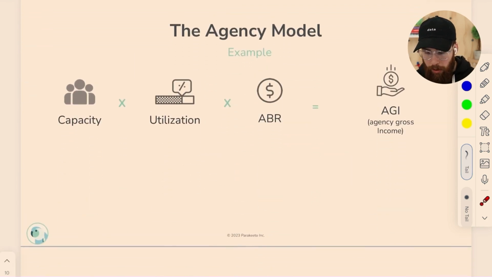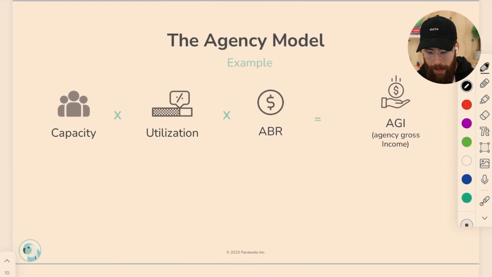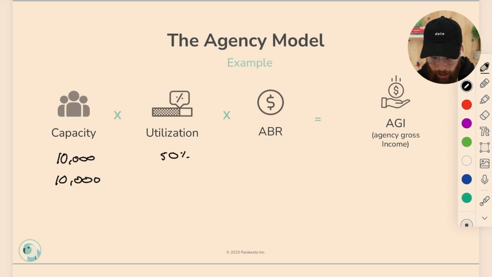Now, I want to illustrate the impact that this has on an agency's profitability. So let's imagine that we have 10,000 hours of capacity, so roughly a team of 5 people, and we have a utilization rate of 50% in the first example and a utilization rate of 60% in the second example. And across both of these, we have an average billable rate of $100 per hour.